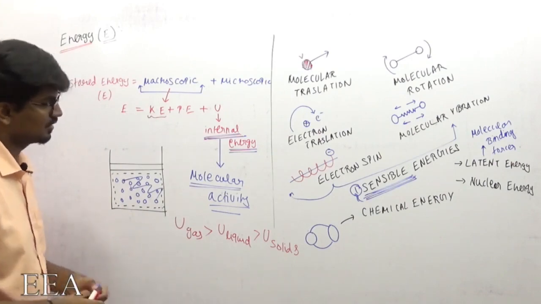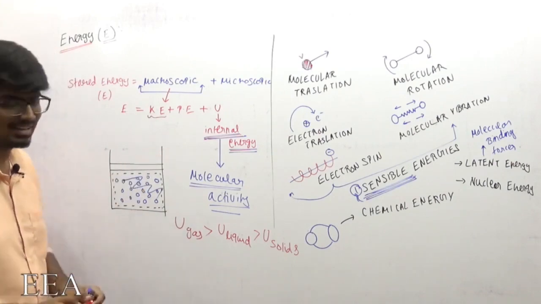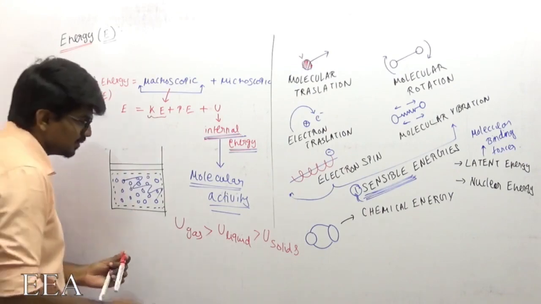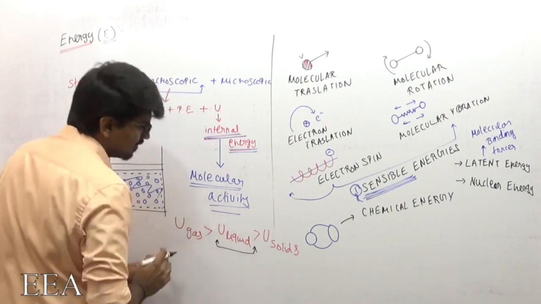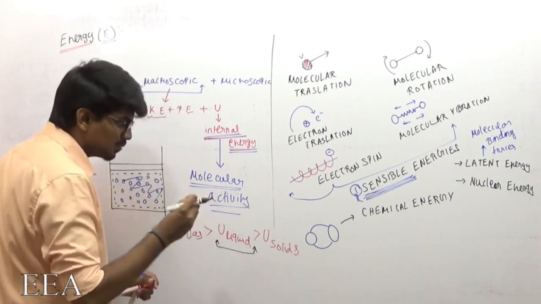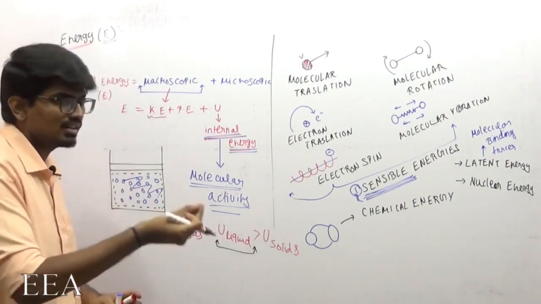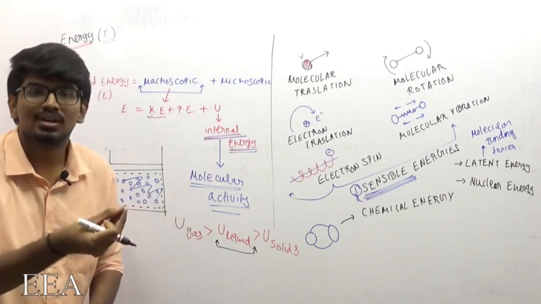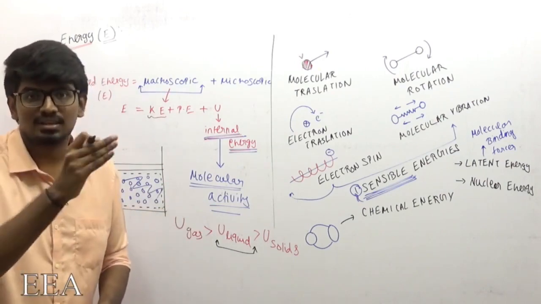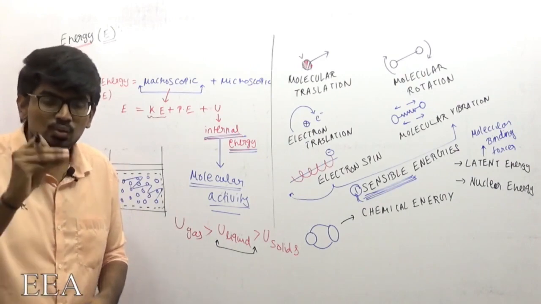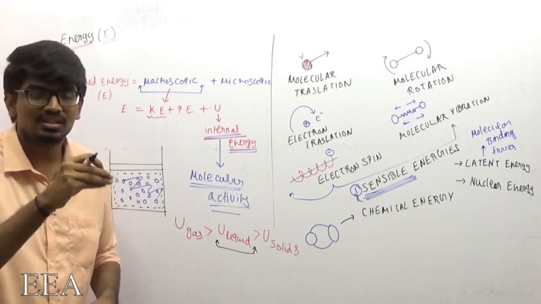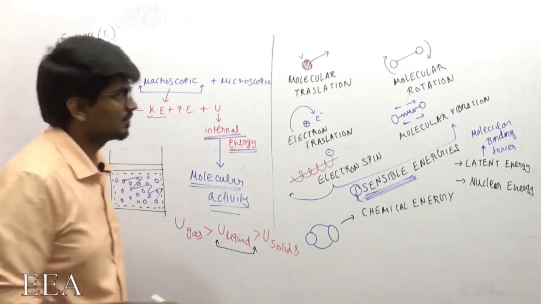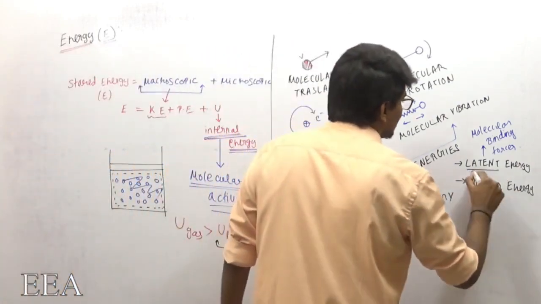The next form of energy which I am going to discuss is latent energy. Suppose I am supplying some heat. When it is in liquid form, the molecules start to break and the liquid gets converted into gas, and that is nothing but phase change. The molecular form of energy associated with the phase change is latent energy.